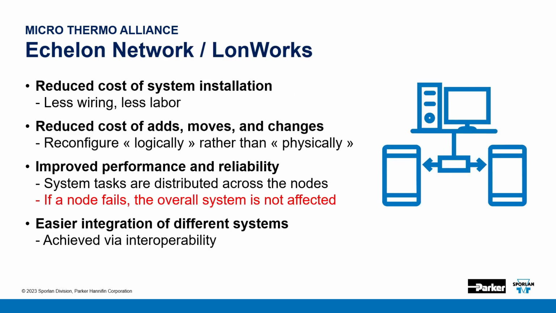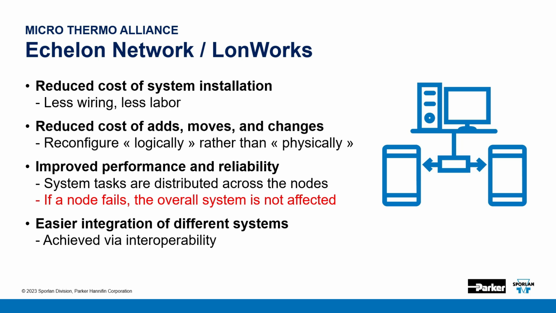So with Echelon Network or LANWorks, the point is we want to reduce the cost of installation by doing less wiring and less labor by using free topology or a star network. We want to reduce the cost of any additions, moves, or changes because most times you can reconfigure logically rather than having to do it physically.